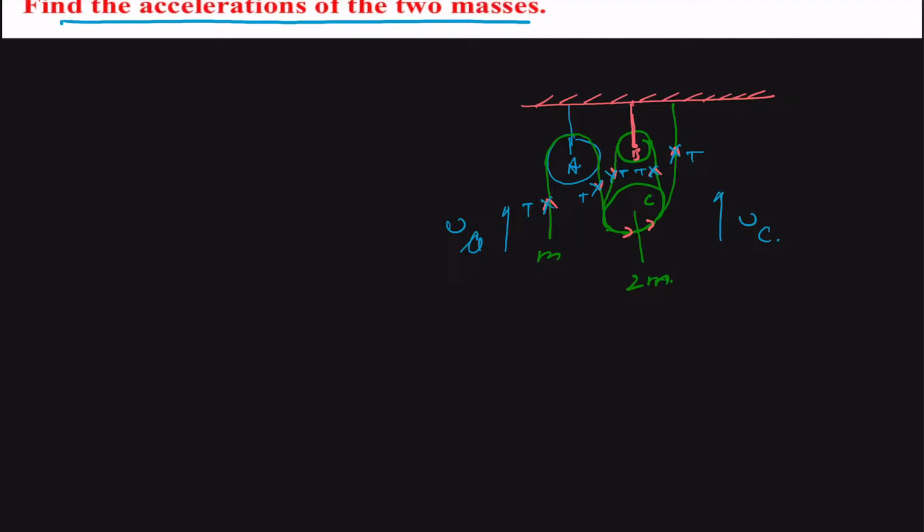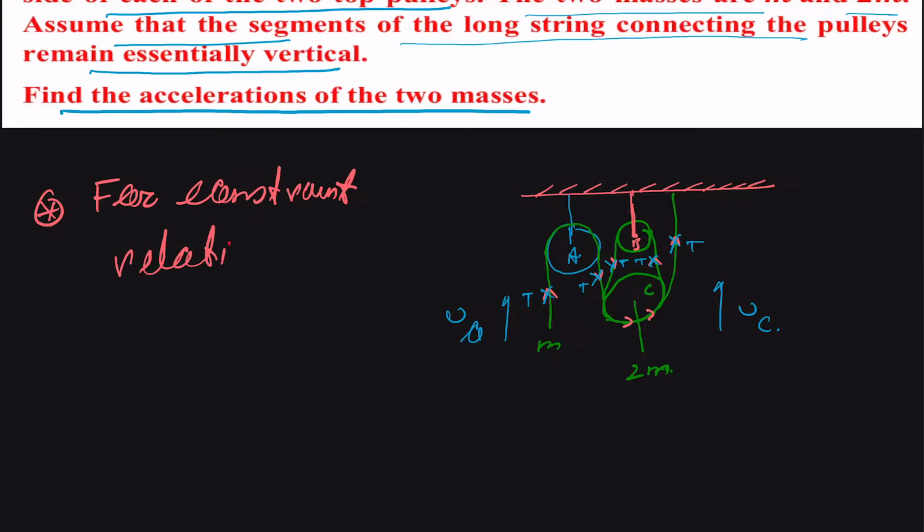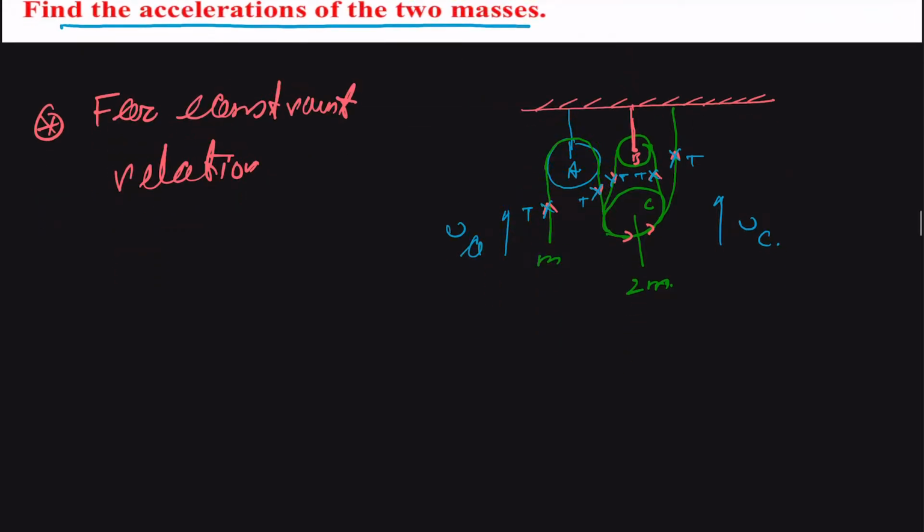Therefore, we can write the equation. So we can say for constraint relation, we can write that our tension T multiplied by V of A plus, and for C we are having 4 tensions, so this comes as 4 of T multiplied by V of C is equal to 0.